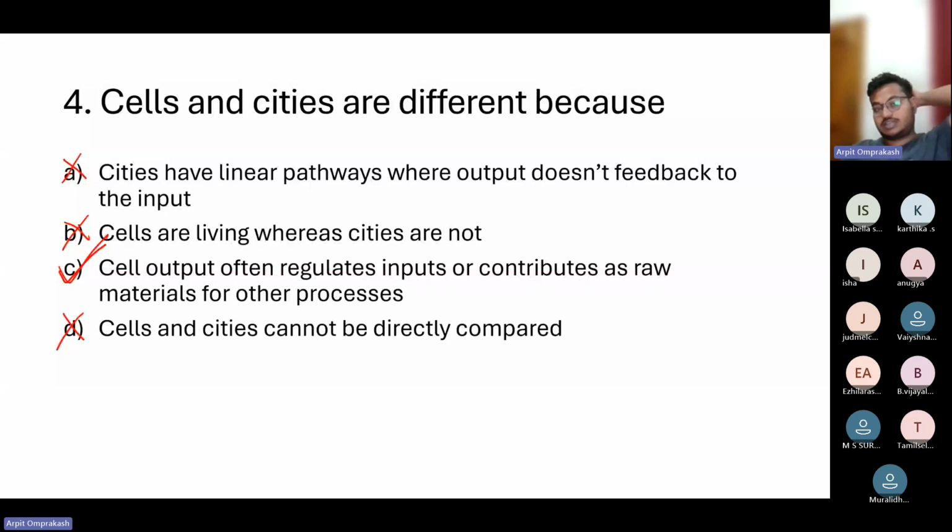Whereas in cities, that is generally not found. Whatever output we have might be recycled, but it does not regulate its inputs. The amount of sewage we produce does not equate to the amount of iron that we use. But for cells, the amount of waste that they produce will affect the amount of nutrients that they take up next time. Okay. Is that clear?